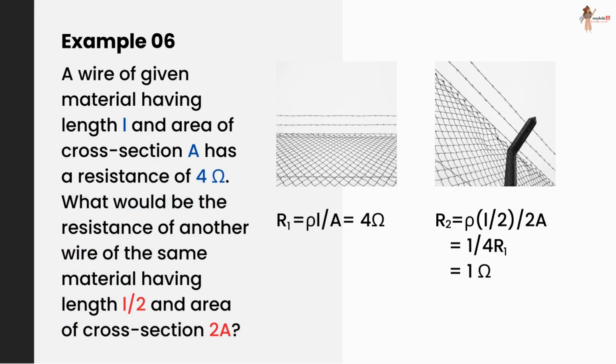Now, for the first wire, R1 is 4 ohms and R2 would be resistivity into L by 2 upon 2A. So, it will be rho times L by 2 divided by 2A. So, it will be 1 by 4 times R1, which is 1 ohm.